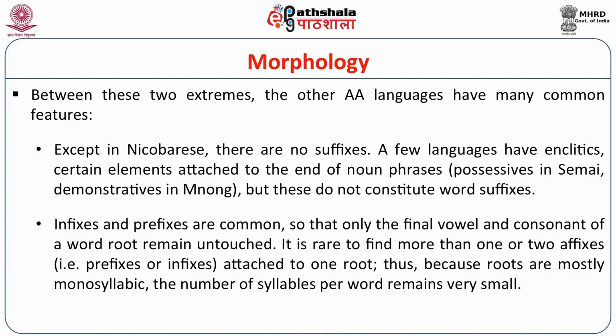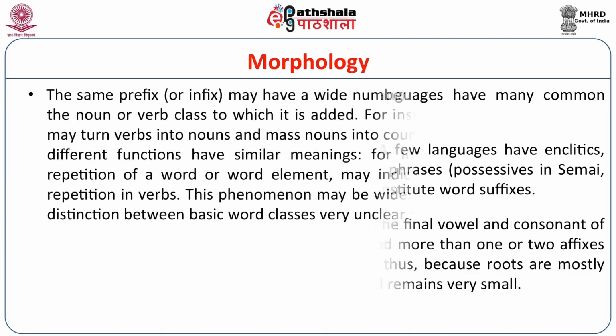Two, infixes and prefixes are common so that only the final vowel and consonant of a word remain untouched. It is rare to find more than one or two affixes, for example, prefixes or infixes attached to one root. Thus, because roots are mostly monosyllabic, the number of syllables per word remains very small.